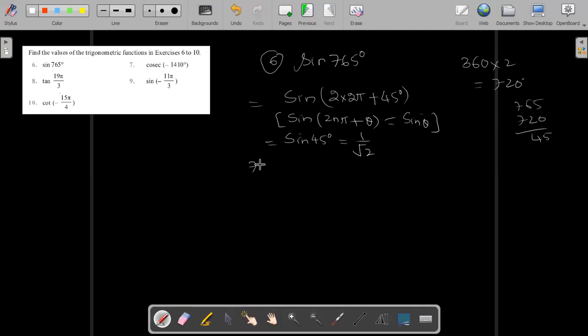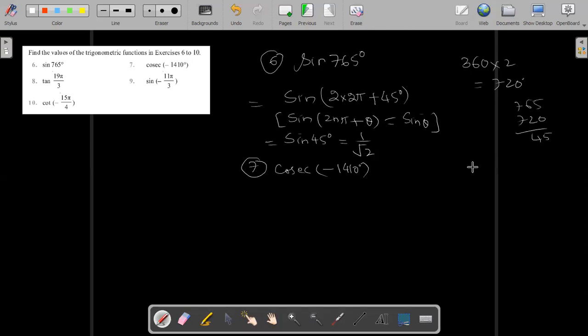Correct. If you have a negative angle, it means you have a clockwise angle. For example, we have to find cosec of minus 1410 degrees. What will you do?